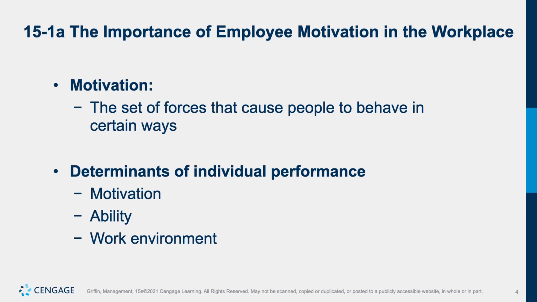The environment, the resources may be provided by the manager or by the organization, or the environment may be made better conducive or better aligned to the employee's needs, so that the employee can actually perform better. But we find out that most often than not, managers cannot control motivation.